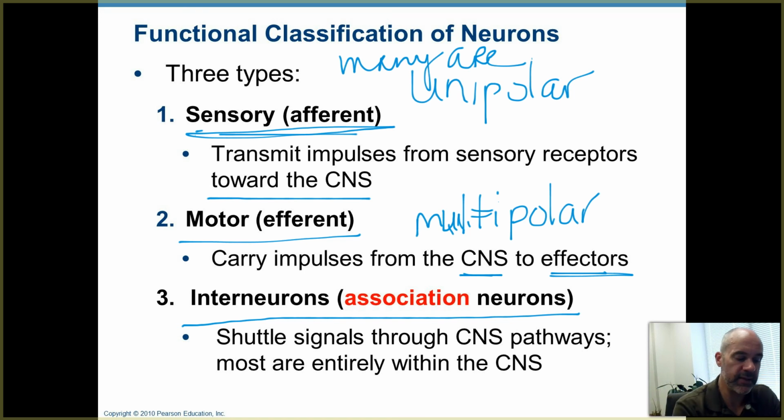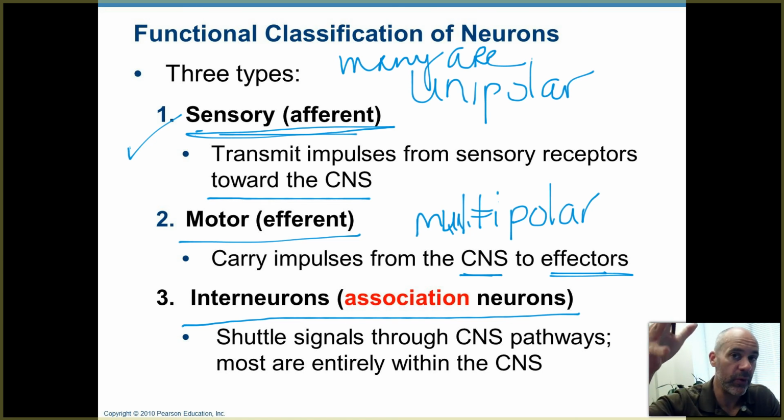Generally, these incoming impulses head towards the spinal cord or the brainstem or maybe even the brain itself, and then interneurons provide the networking, say, from the spinal cord up to the brain so the brain can make decisions about it.